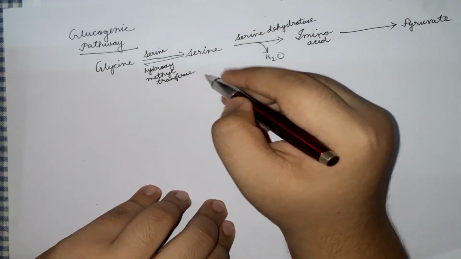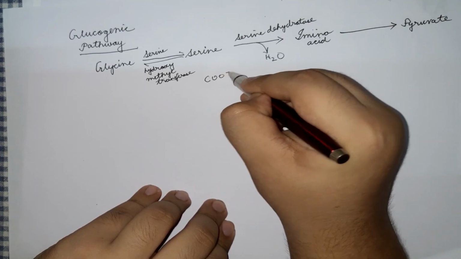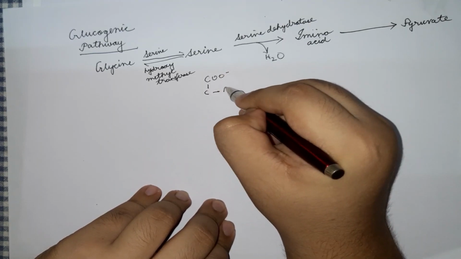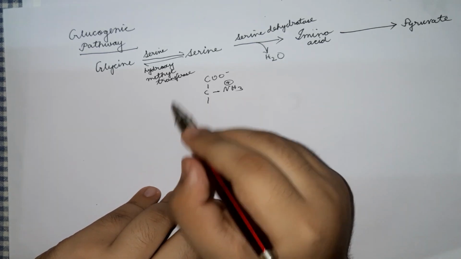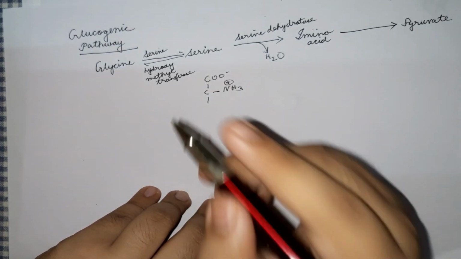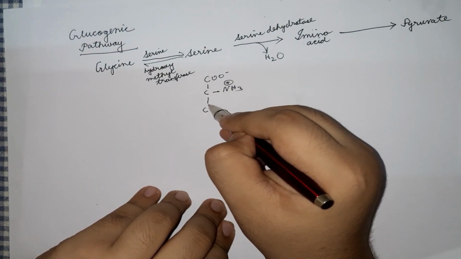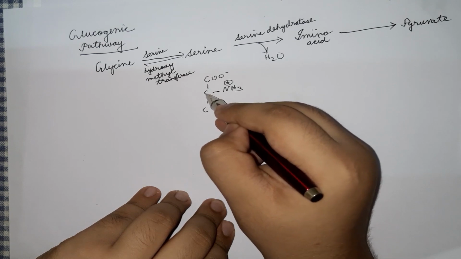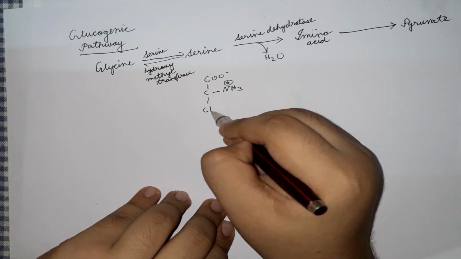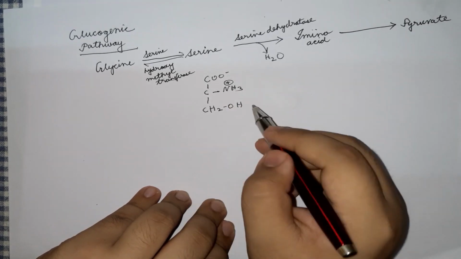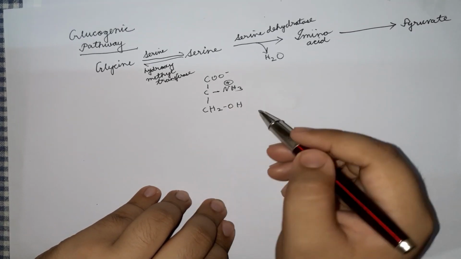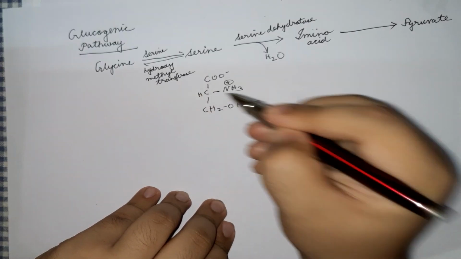Obviously you need a carboxyl group, you need an amino group, right? What else you need in serine is, yes, a hydroxyl group. Now the hydroxyl group cannot be directly linked to this carbon, so it needs another carbon, so CH2OH. This is what we say to be serine, and obviously there will be CH here.